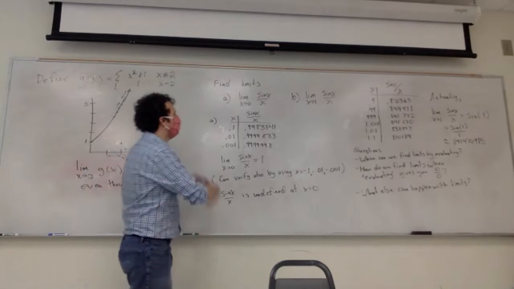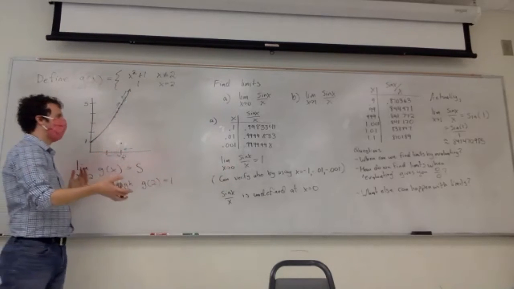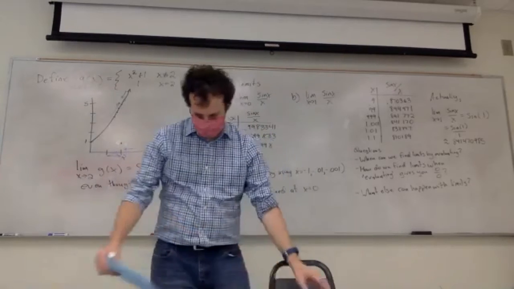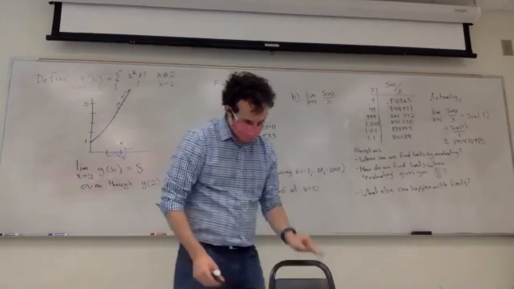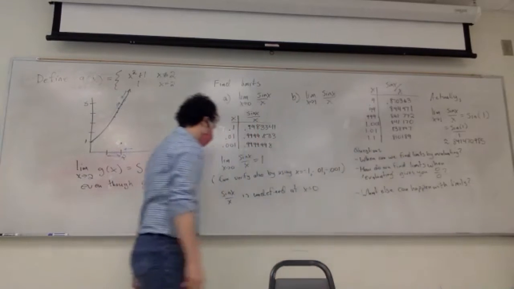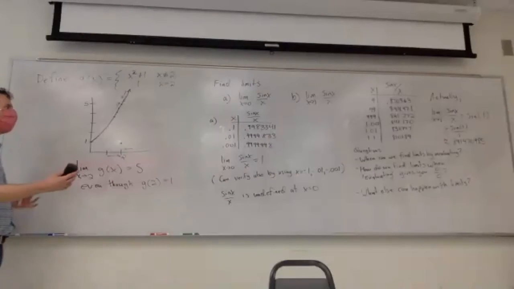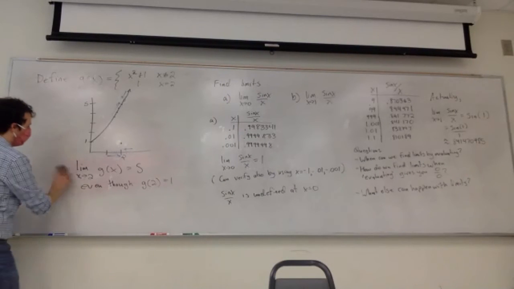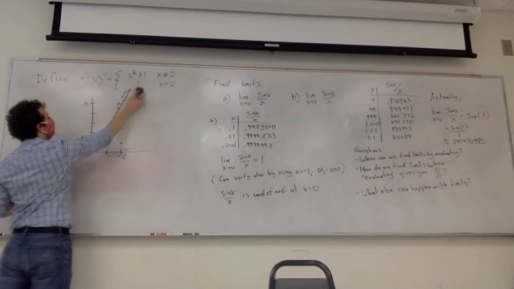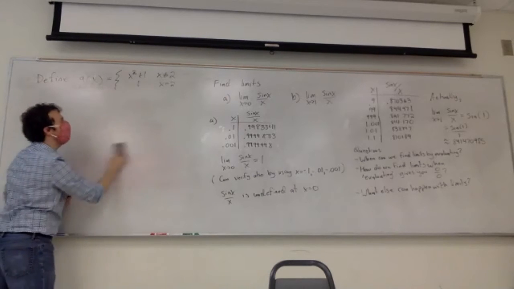So we might ask, these are a couple of weird things that can happen. What else can happen? And let me put up a graph that shows us another weird thing that can happen when we're talking about limits. And as in this case, it happens with a piecewise function.